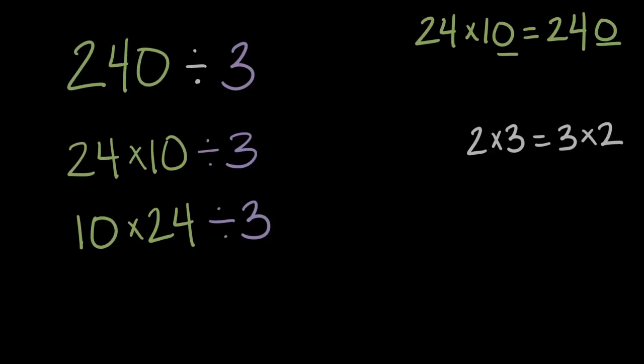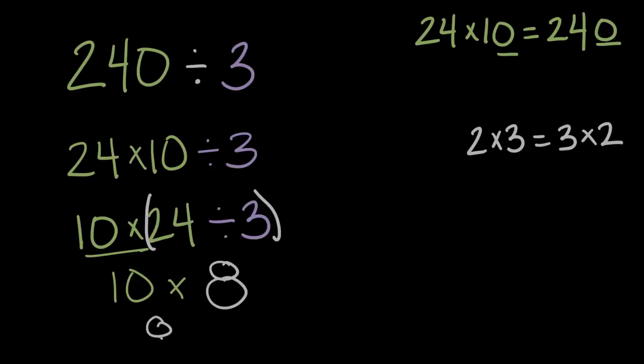And now I can see a division problem that for me is far simpler than this big 3-digit division problem up here. 24 divided into groups of 3 is 8. It's 8, and then we'll bring down our times 10. Then we can use the pattern we already know: when we multiply by 10, we take our whole number, in this case 8, and add a 0 to the end, or 80.